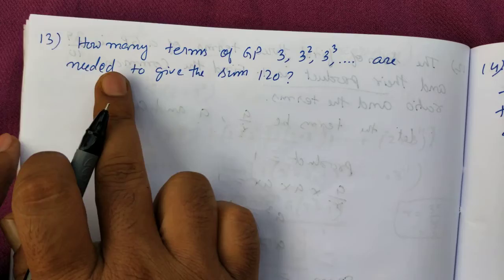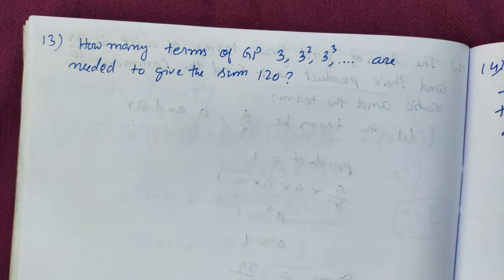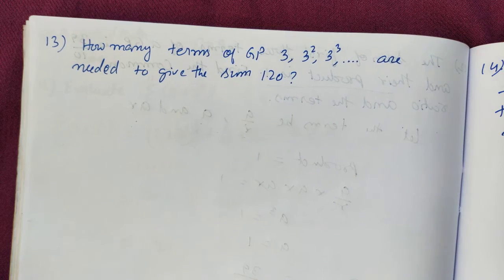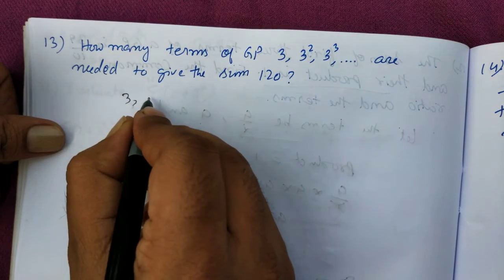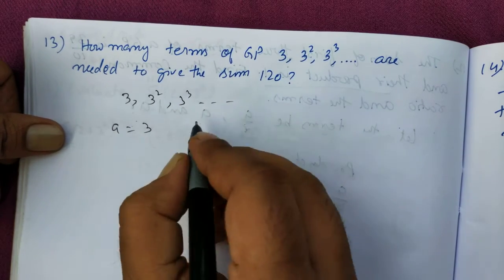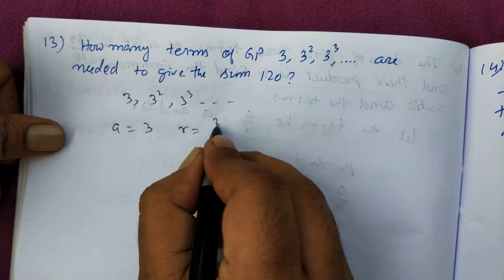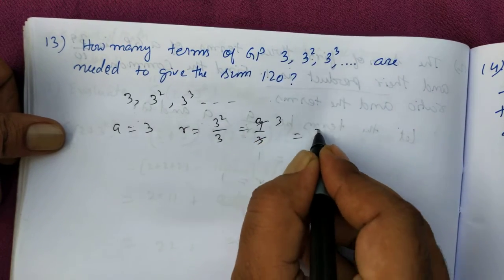Let's do this. How many terms of the GP are needed to give the sum 120? So here, first write the series. a is 3. r will be 3 square by 3, that is 9 by 3, we are getting 3.